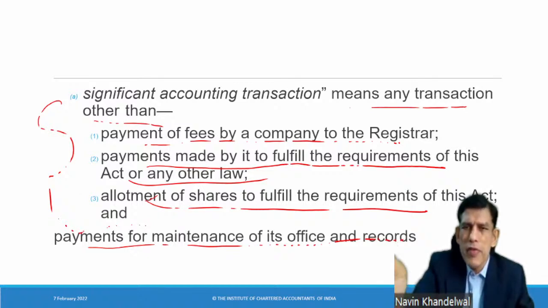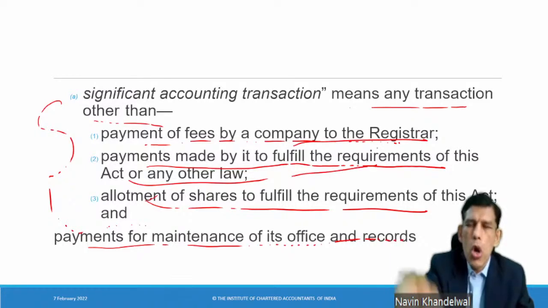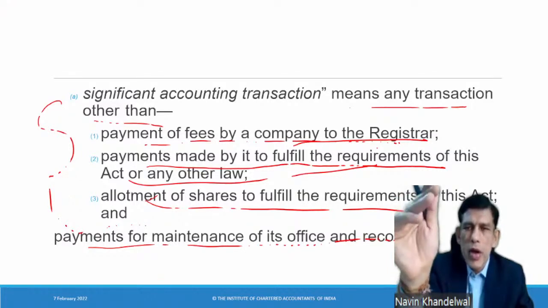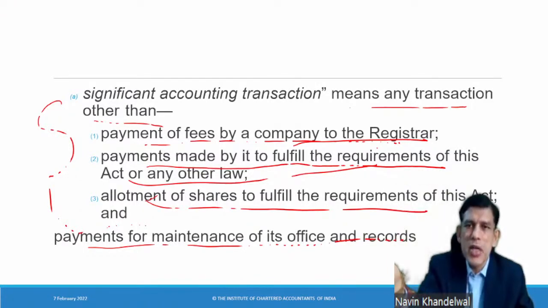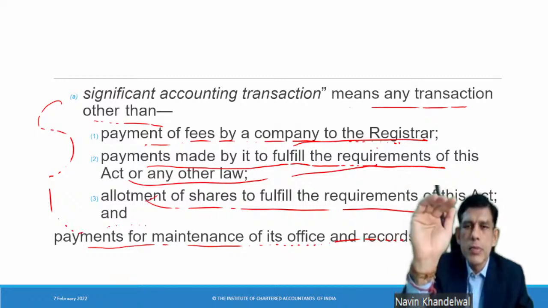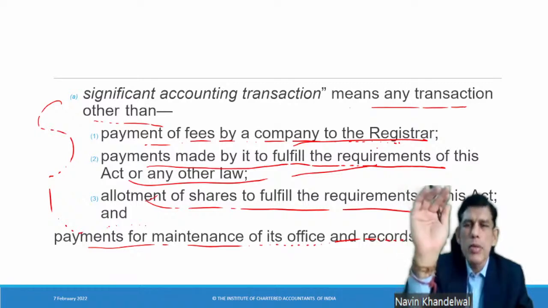If you are even making a small payment out of that company, and that payment is not related to fees of the registrar or for fulfilling the requirement of this Act or any other law... Let's say you have to take a registration under any other law and you are paying that fee, that is allowed. You are paying taxes, TDS, TCS, that is allowed.